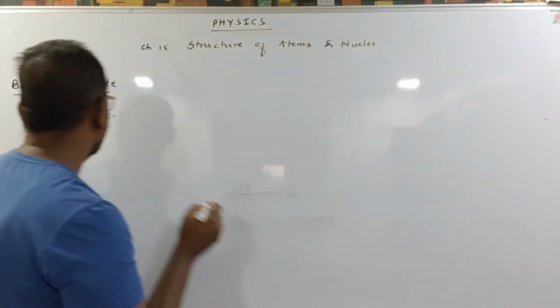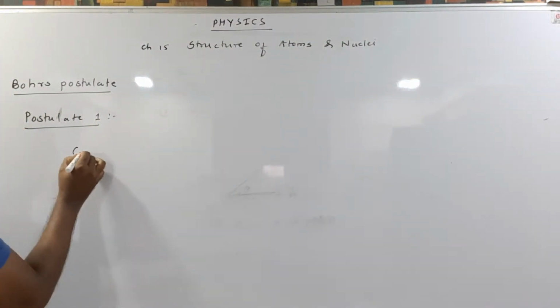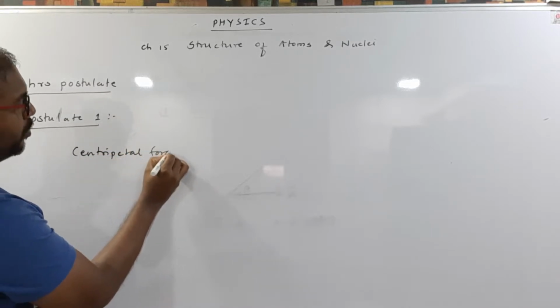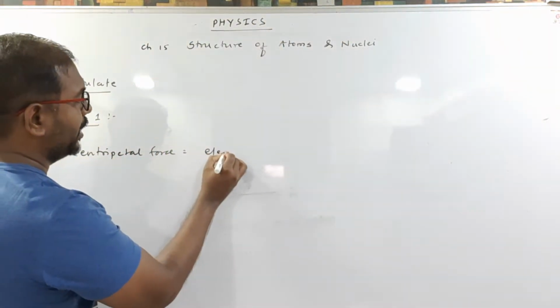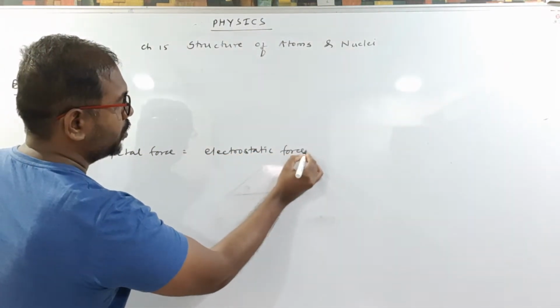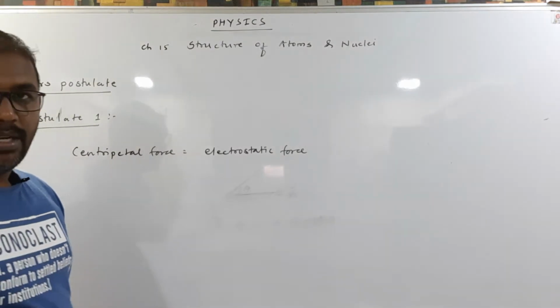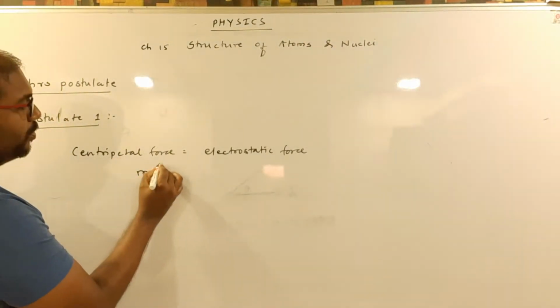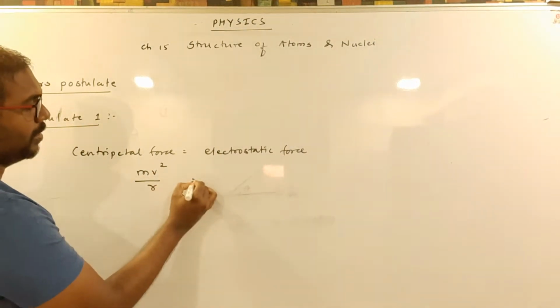So I can write here: the centripetal force for the revolving electron is provided by the electrostatic force. So we get this condition. Now I can write the formula for centripetal force. We know the centripetal force is mv square by r.